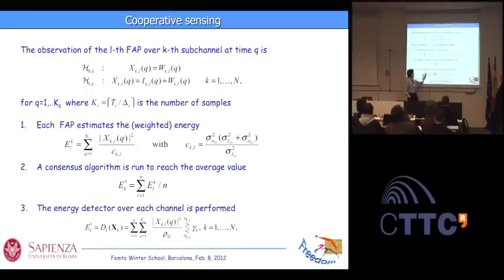Then at that point, our estimator will be a double summation over the number of samples in each node and a summation over the number of cooperative nodes. Okay? And then, of course, we will take this energy and compare it with the threshold to take our local decision.